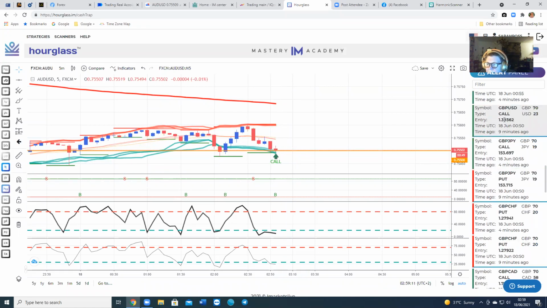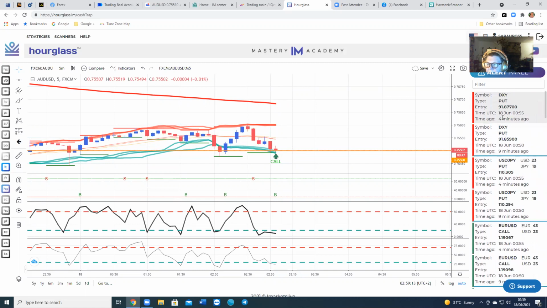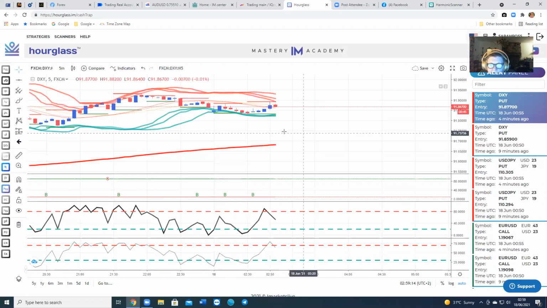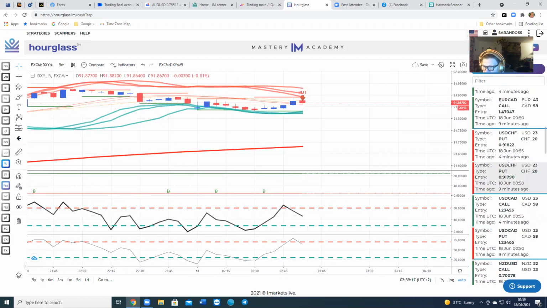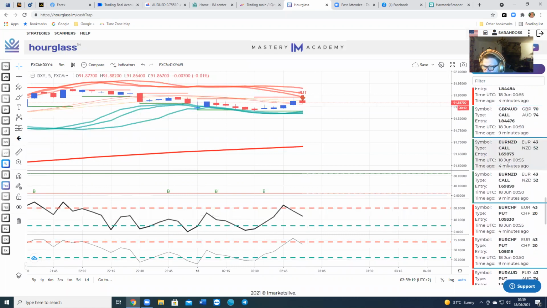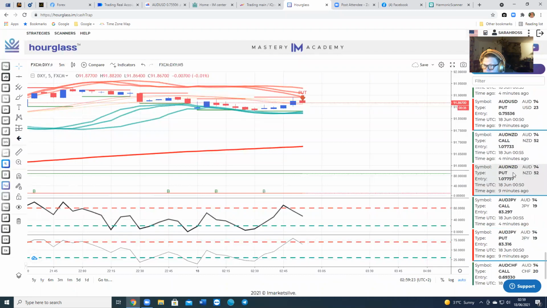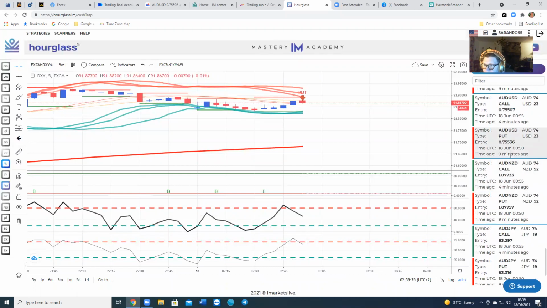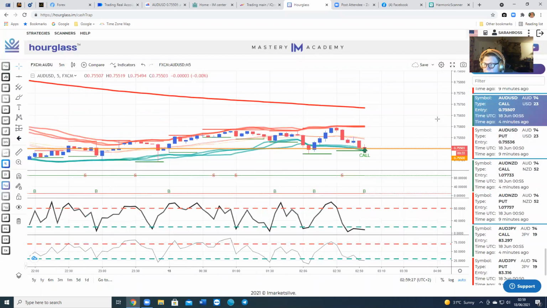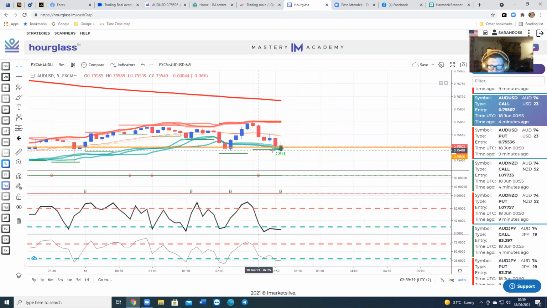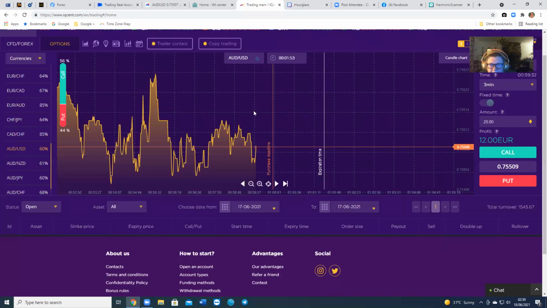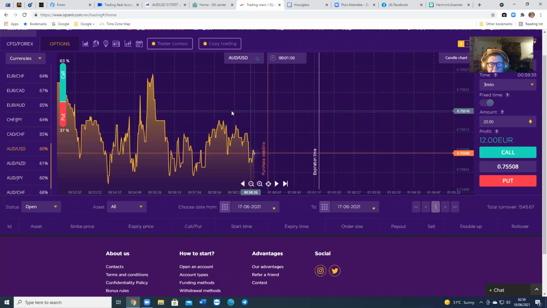And we do want that DXY as a put as well. Does seem to be doing that for us. It's a bit hard to keep an eye on both. 30 seconds to go. 509.